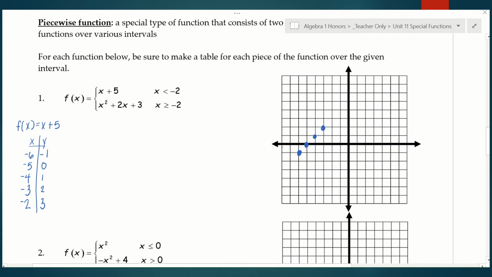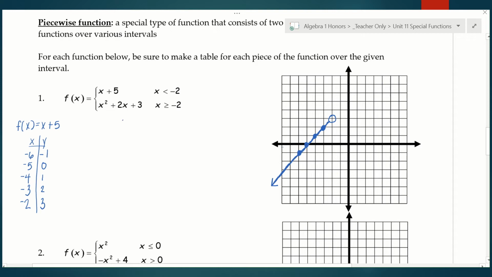Now I'm going to be careful with this last point. -2, 3 is not included, because it's x is less than -2, not less than or equal to. So I have to keep that open. Here's the rest. Now you're going to notice I'm extending my line and putting an arrow because it's less than -2, so it doesn't have an end point on that end. So that just keeps on going forever.